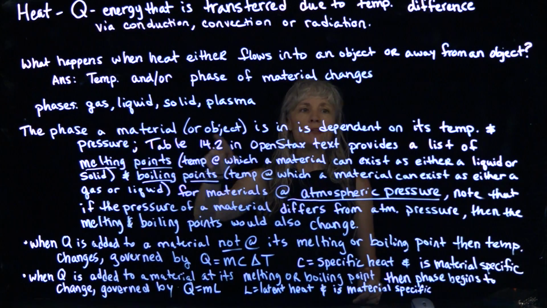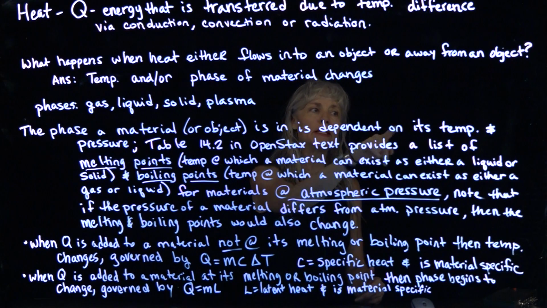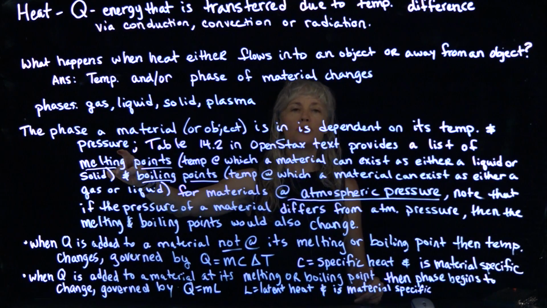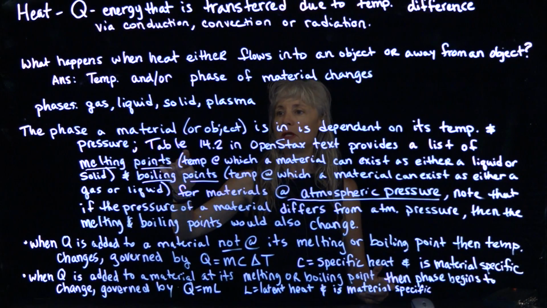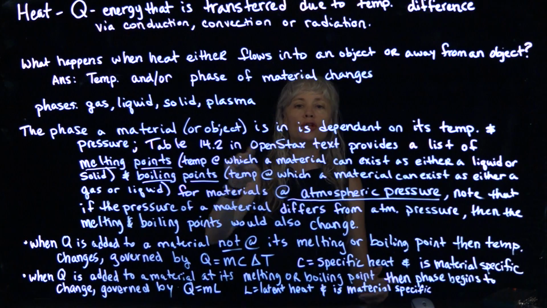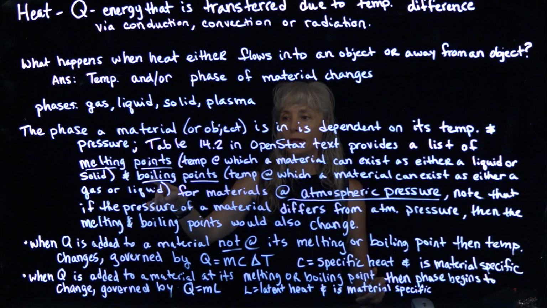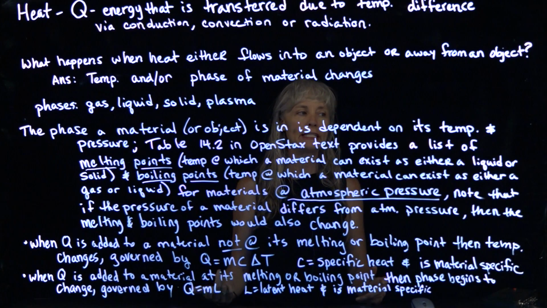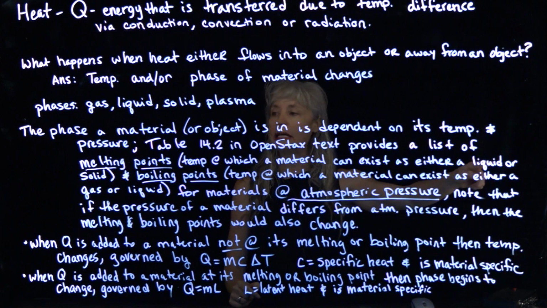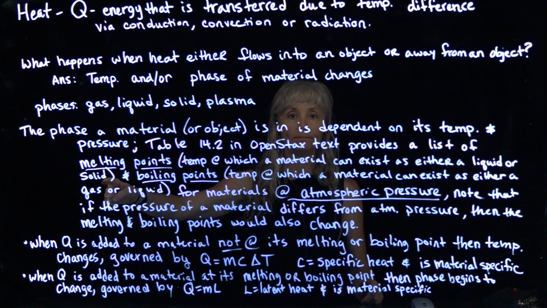The phase of a material is dependent on its temperature and its pressure. So when I change the temperature and or the pressure of the material, I can change its phase. Table 14.2 in your OpenStax text provides a list of melting points. Melting points are temperatures at which a material can exist as either a liquid or a solid.